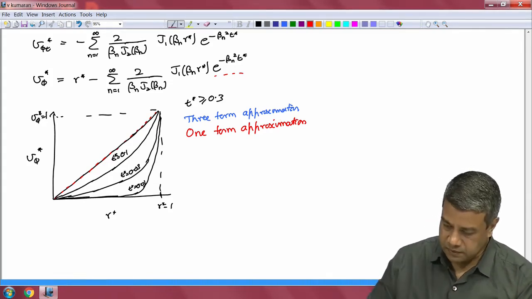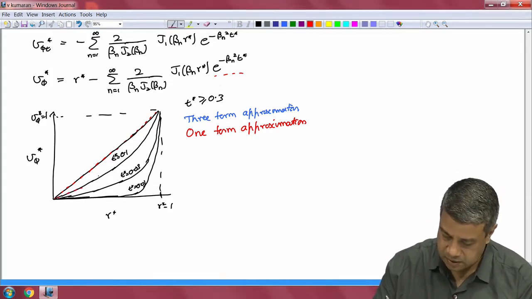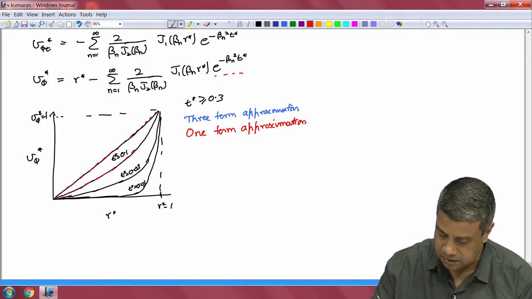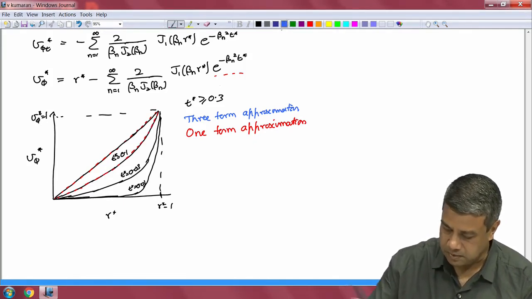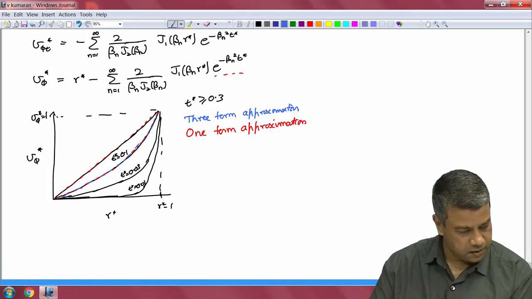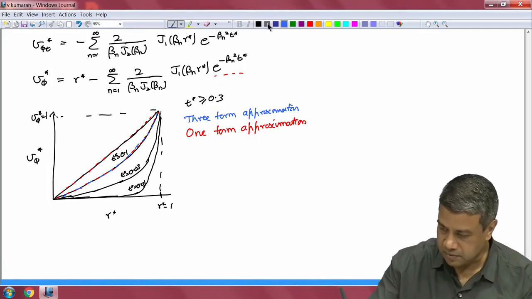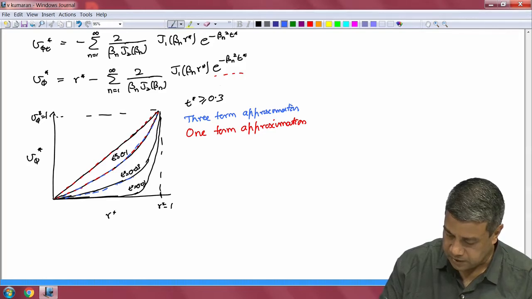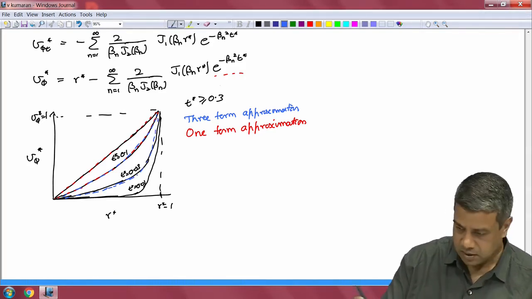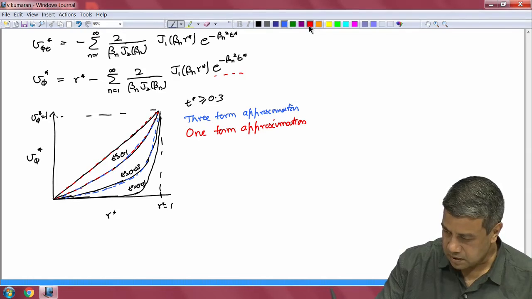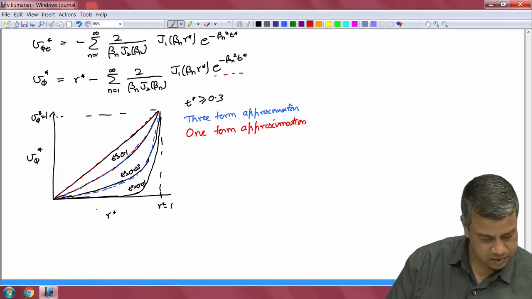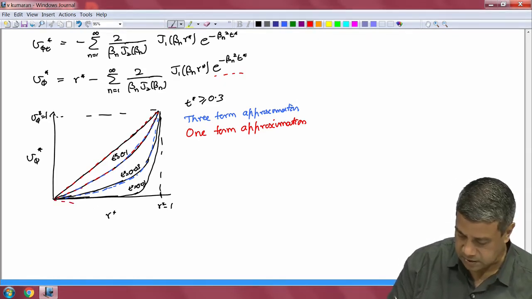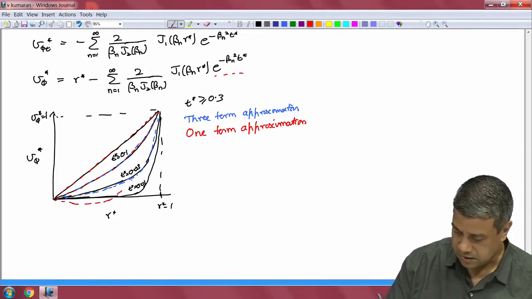It turns out that for 0.03 and 0.1, the 3 term and the 1 term are almost on top of each other. For 0.03, the 3 term approximation still works quite well. The 1 term approximation shows oscillations. So, the 1 term approximation actually looks something like this.